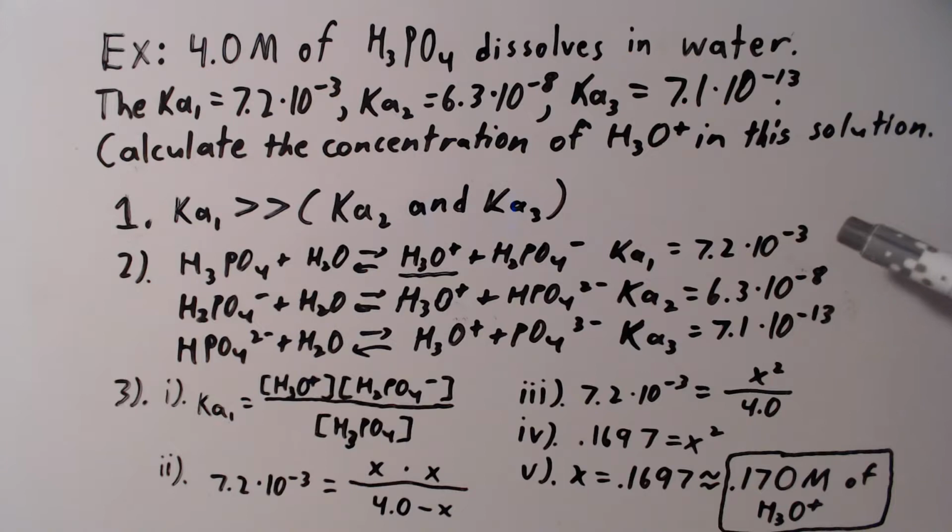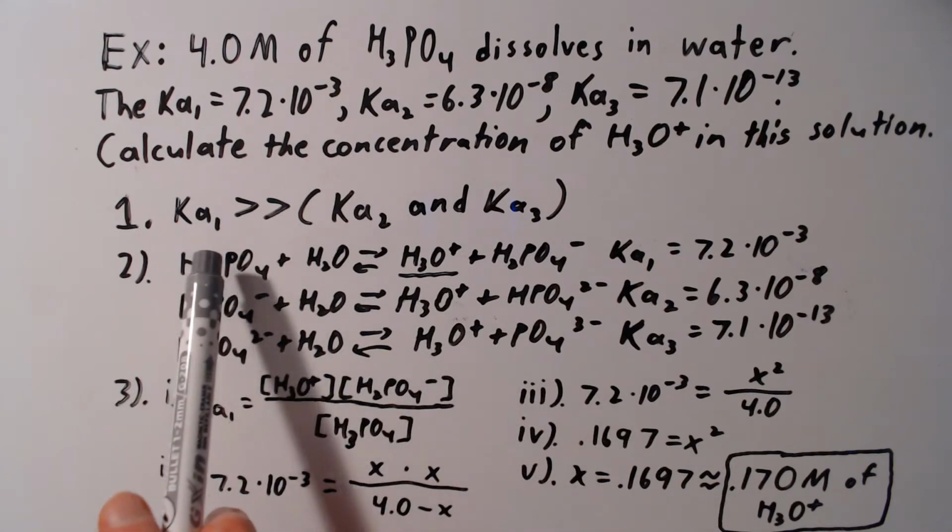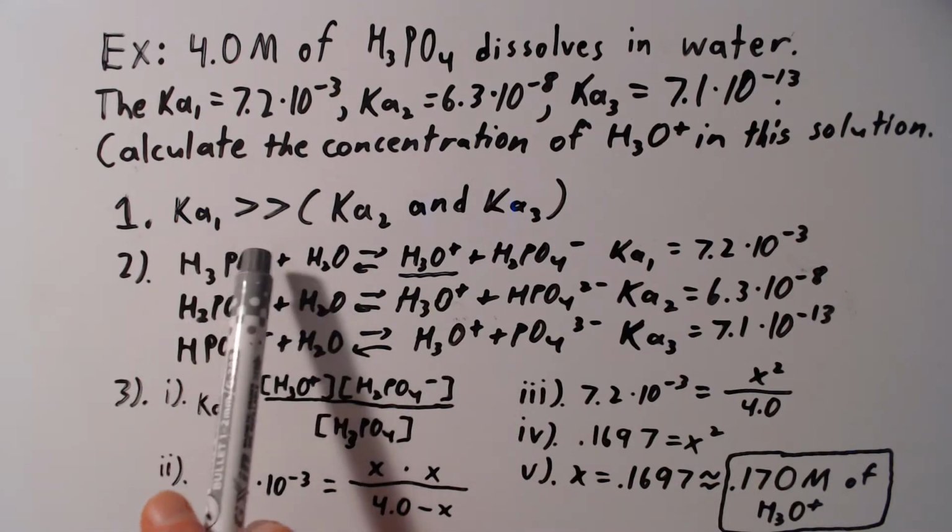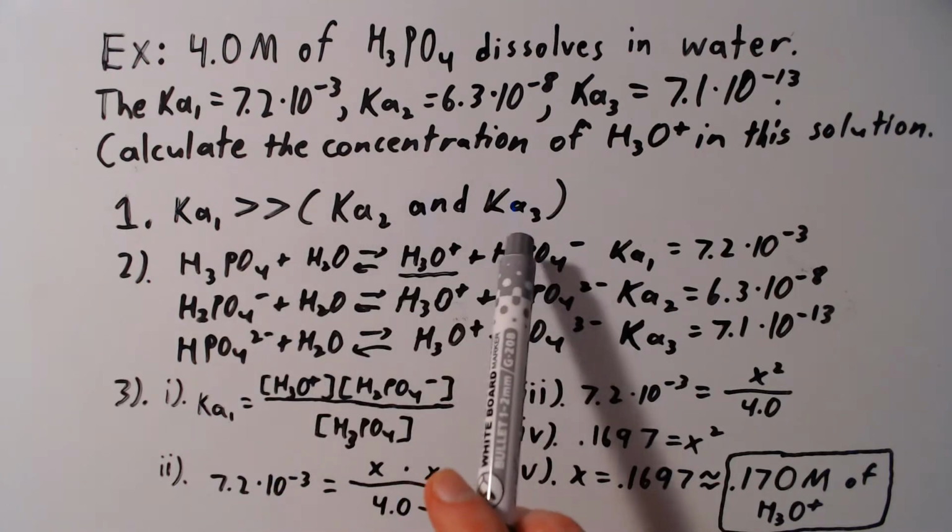And each of these reactions has a different Ka. There's a Ka1, Ka2, Ka3. And these Kas progressively decrease in magnitude as we go from reaction 1 to reaction 2 to reaction 3. We also have to notice that the Ka1 is much greater than the Ka2 and the Ka3.